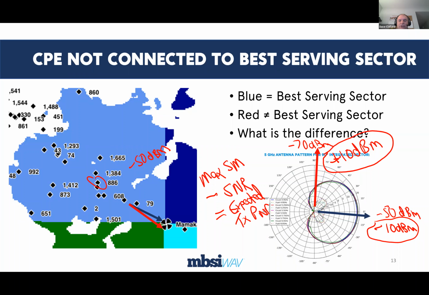What does that do to my OFDM? Well, if I have this CPE that's screaming in order to connect to the wrong sector, his azimuth is still going to be pointed, of course, at the site. So this CPE is going to be received by the blue sector.